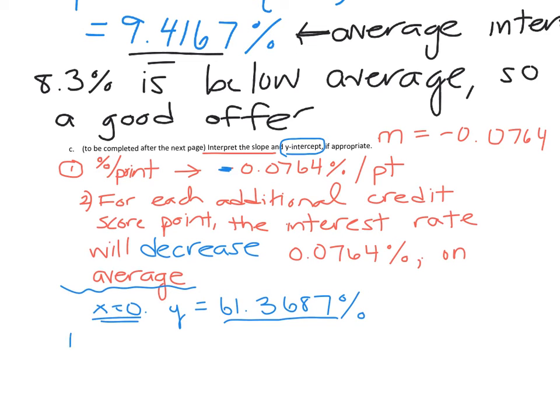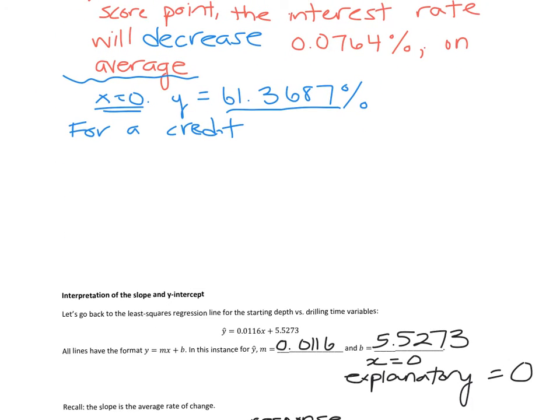So the interpretation is we would say for a credit score of 0, you could say the average interest rate, or you could say the interest rate is 61.3687% on average. Just make sure you throw in the word average somewhere.